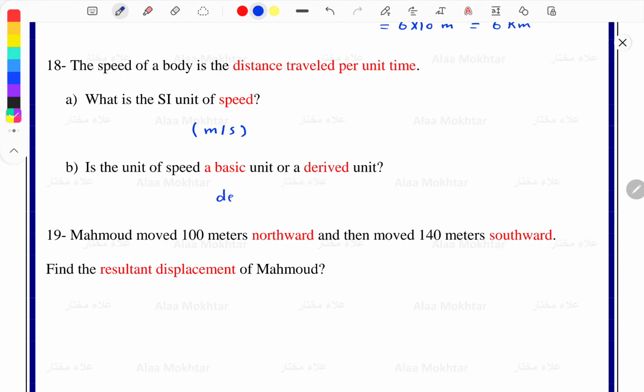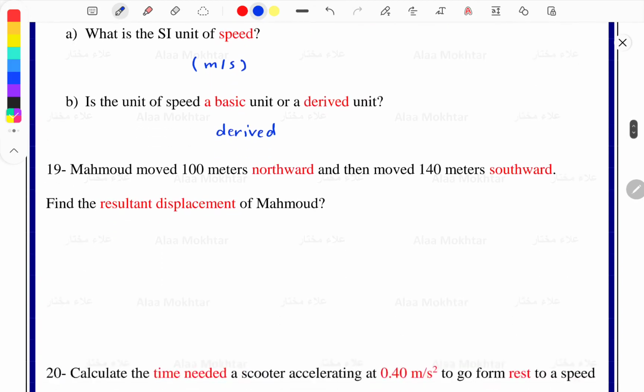It is a derived unit, because the base units are 7 units, like second, kilogram, Kelvin, meter, candela, ampere, and mole. 7 base units.